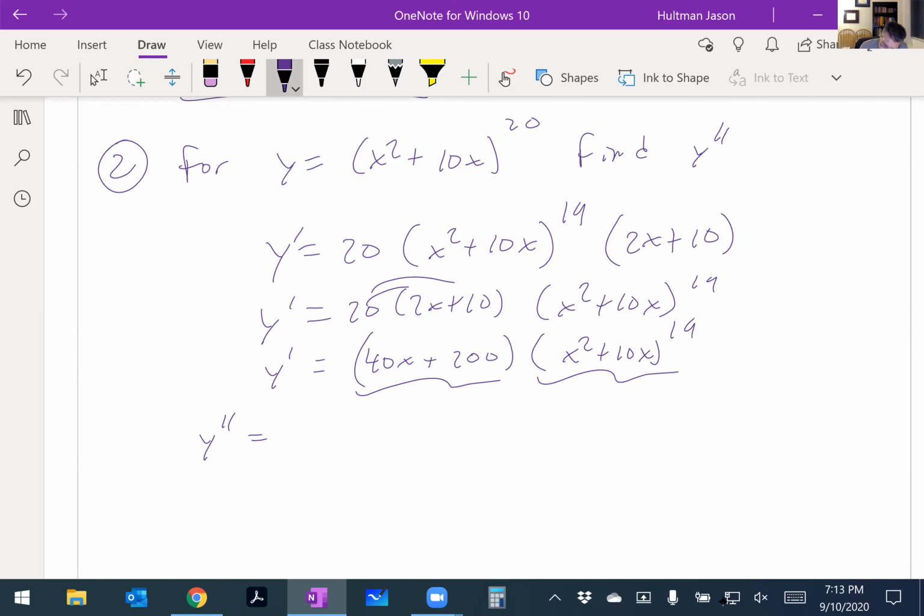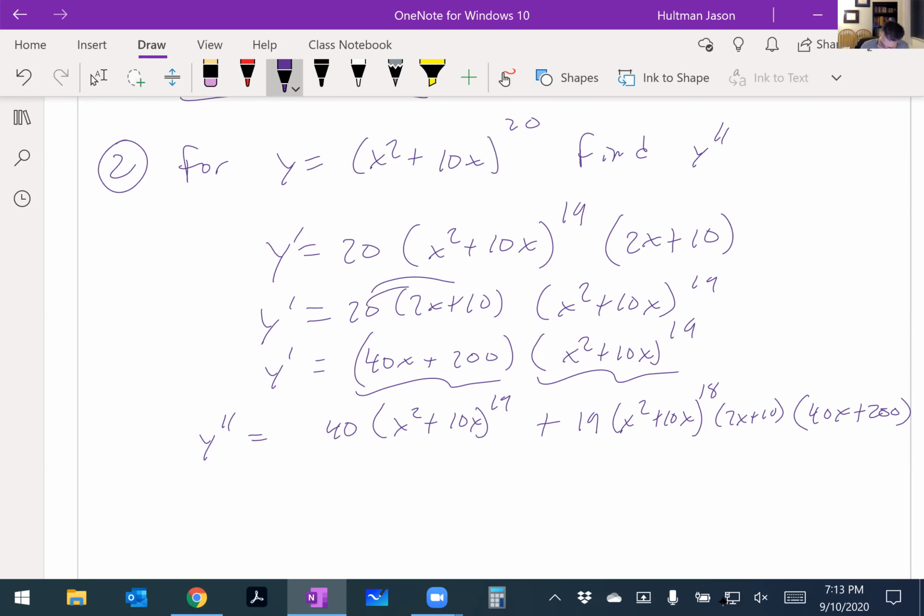Okay, derivative of the first, that's 40, times the second, x squared plus 10x to the 19th power, plus derivative of the second, that's 19 times x squared plus 10x to the 18th power, times the inside, okay, we're still not done with the derivative of the second, times the inside, that's 2x plus 10, times the first. Don't forget the first. That's 40x plus 200. Okay.